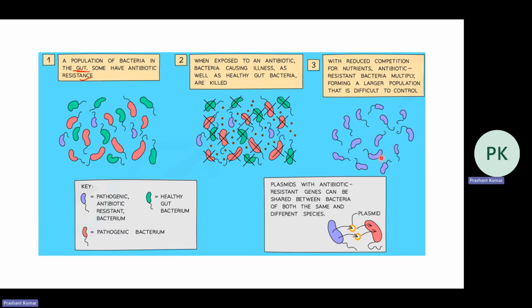There is a possibility that the plasmid with the antibiotic resistance gene can be shared between bacteria, and both will have the same property. The method by which genetic material is transferred from one bacterium to another is called transformation, right? By transformation, the genetic material is transferred and the non-virulent bacteria can also act as virulent bacteria.